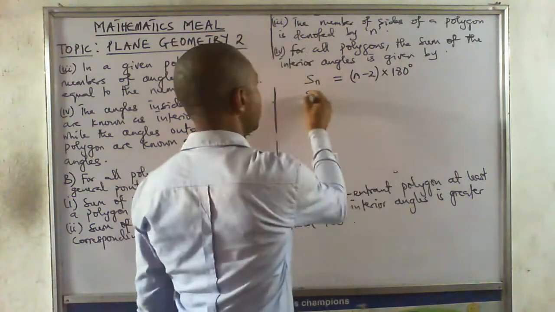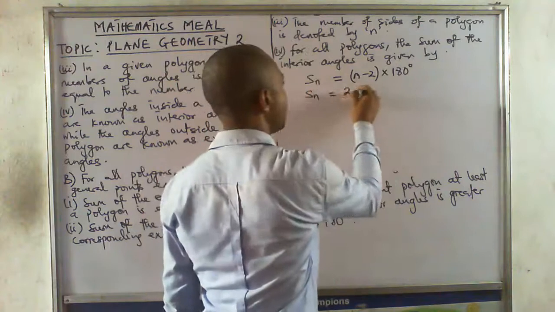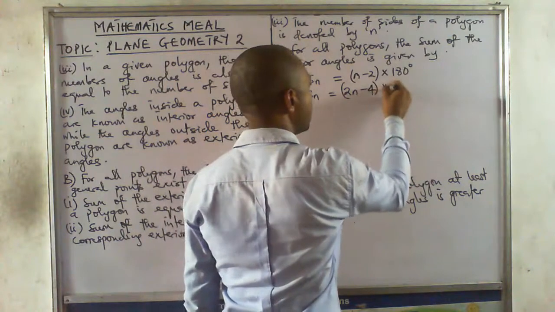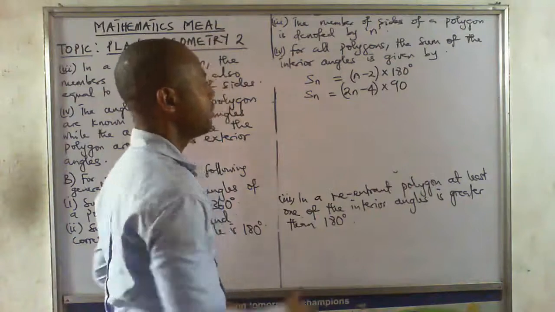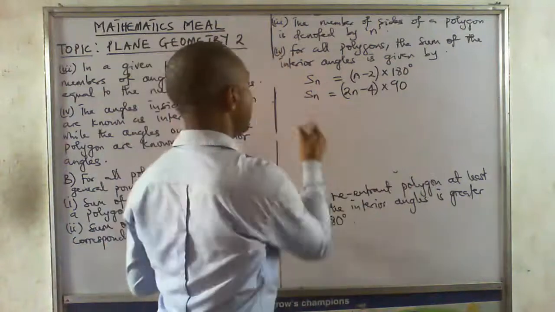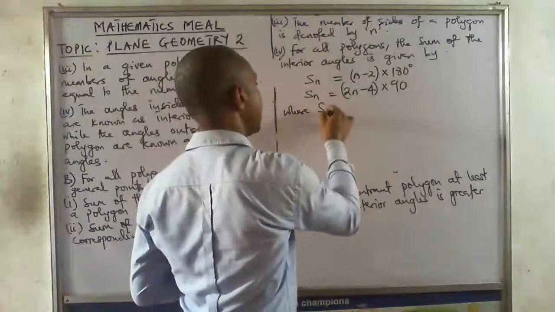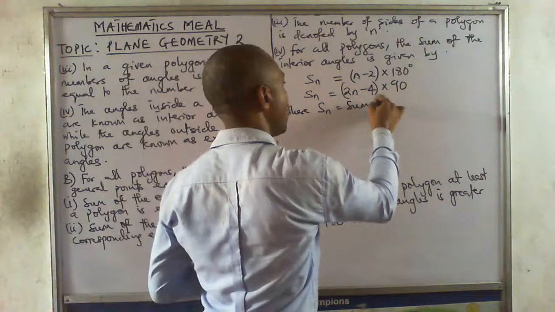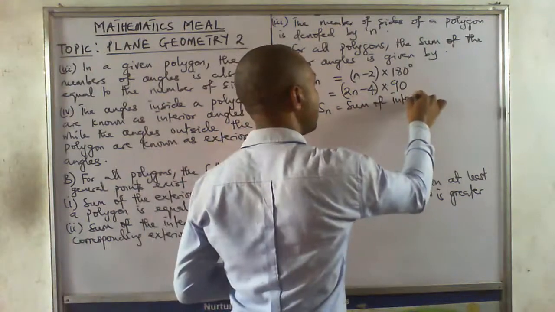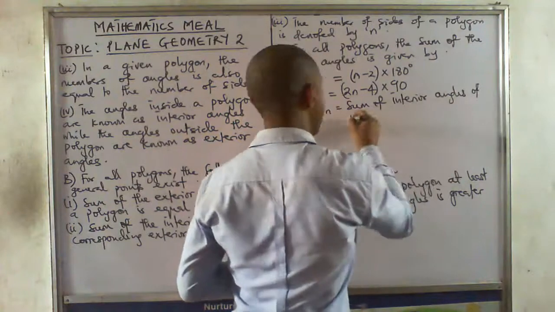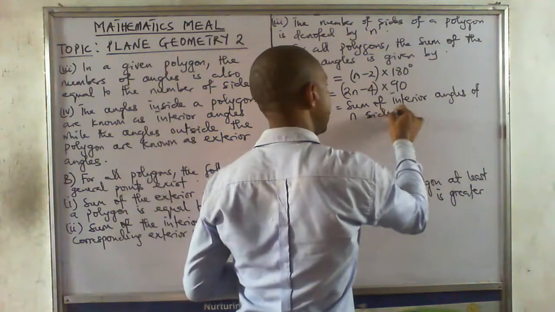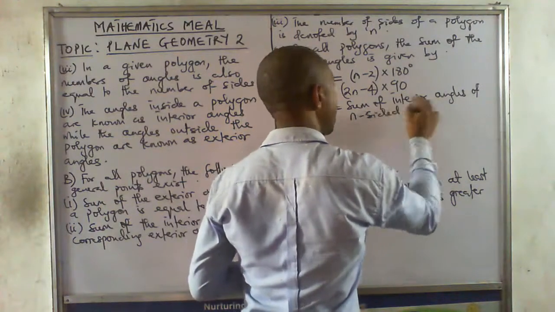In some cases, we use S_n = (2n - 4) times 90 degrees. Okay? Where S_n is the sum of interior angles of an n-sided polygon.